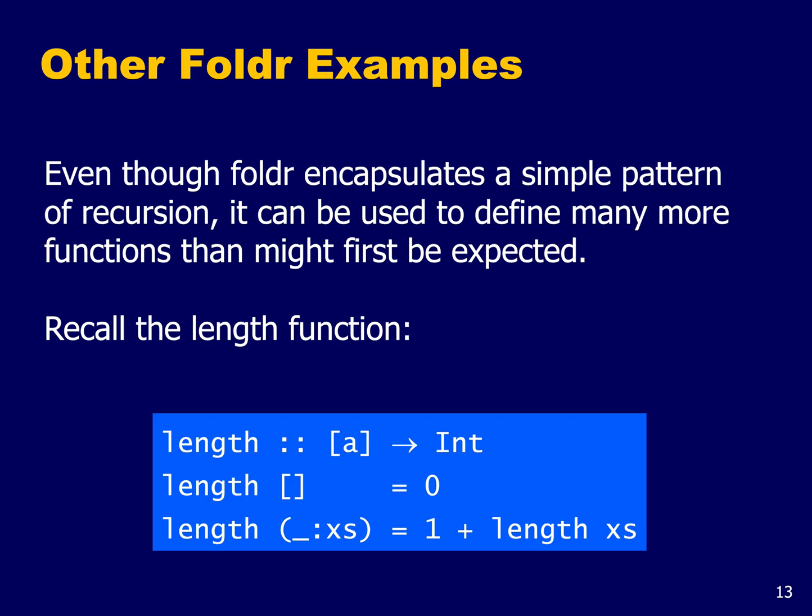And notice here that the length doesn't depend on the first value in the list, so I've used a wildcard character, the underscore character, rather than matching on a non-empty list x colon xs. I don't actually care what's in the list or what the elements are, so I'm replacing the x variable here by an underscore. So this looks pretty similar to the pattern of recursion that we have seen.